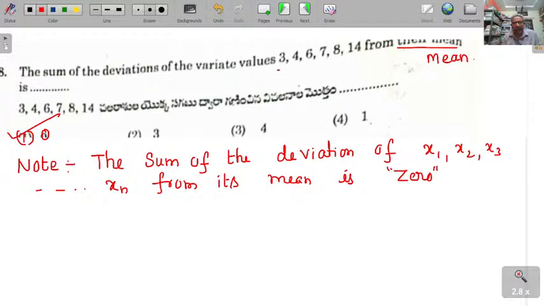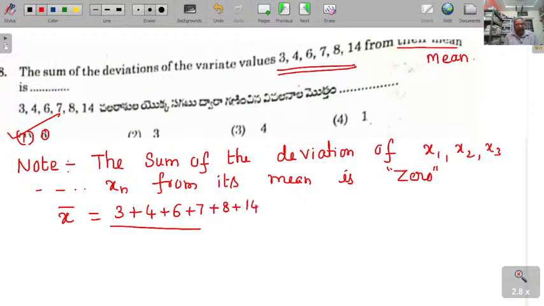So first, my dear students, first find out the mean. Say that is x bar. Mean means the sum of the observations, 3 plus 4 plus 6 plus 7 plus 8 plus 14, divided by the number of observations, rather number of values, 1, 2, 3, 4, 5, 6.